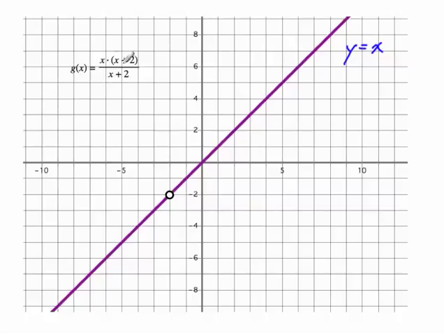So this complicated looking function is simply equal to the line y equals x as long as x is not equal to negative 2. When x is equal to negative 2, right over here, we have a hole in the graph. And as you can see from the graph, the y-coordinate there is negative 2 as well. If we wanted to find the y-coordinate algebraically, we would plug the x-coordinate in to our simplified function.